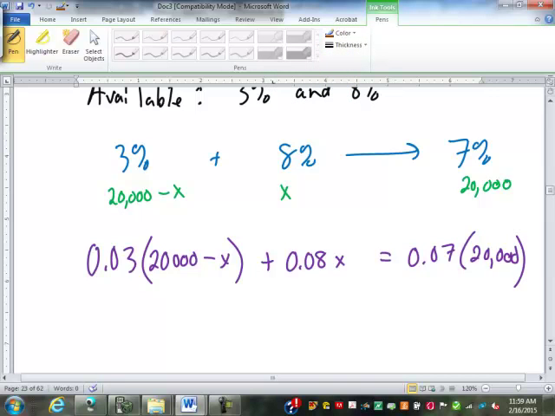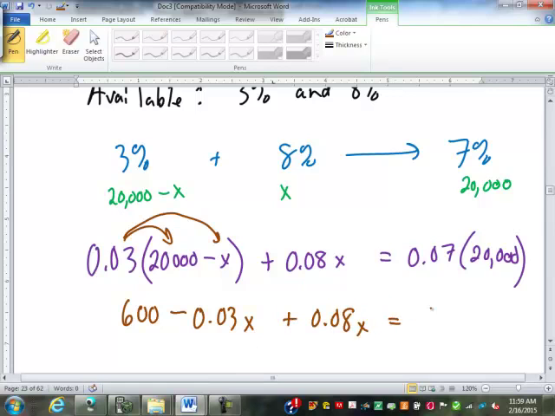So now, 0.03 times 20,000 is 600. 0.03 times negative X is negative 0.03X, plus 0.08X equals 0.07 times 20,000.